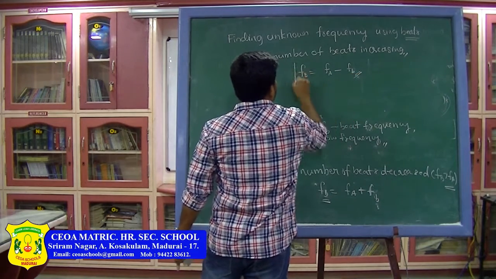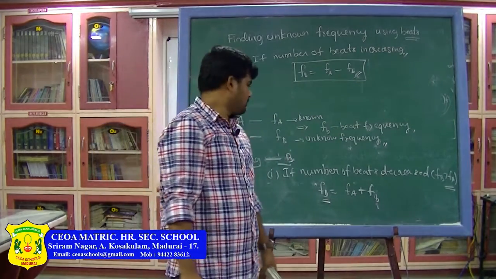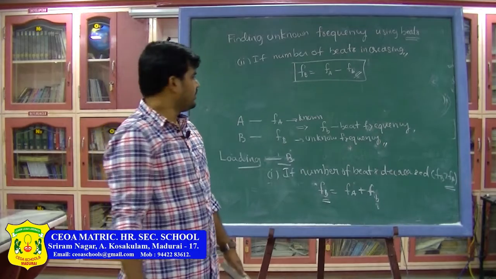So, this is the formula. So, this is the first method using which you can find out the unknown frequency of the tuning fork.